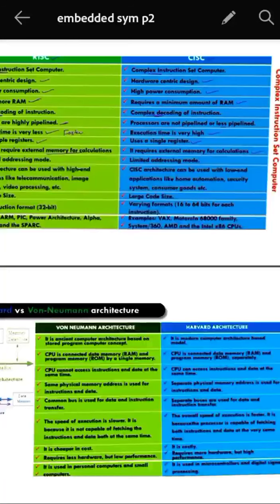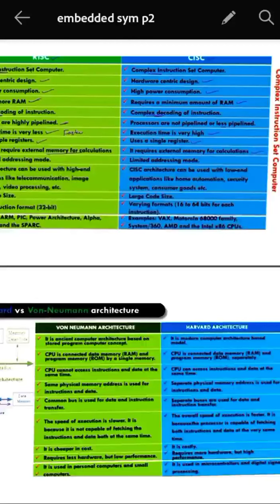The same physical memory address is used for instruction and data, whereas in Harvard separate physical memory addresses are used.